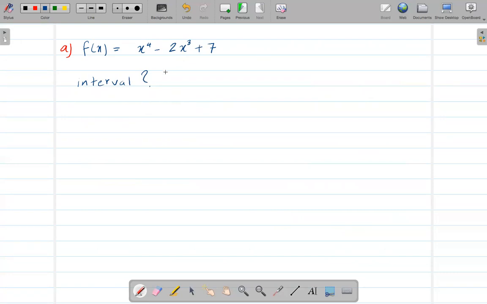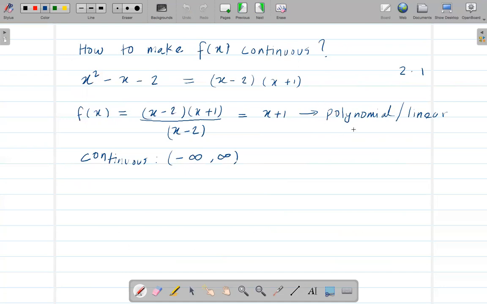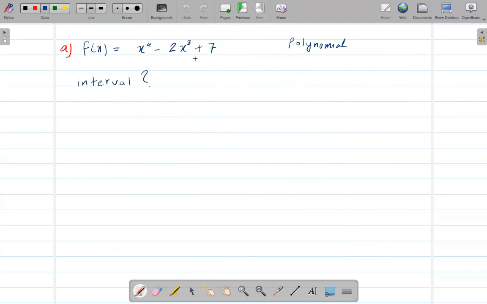Okay, so one thing: whenever a function is a polynomial, then we can directly say, like I said in the first example I did, where I had a linear function, which is also a polynomial, that it is continuous everywhere. It's the same thing here. Even though this is not a linear function, it is still a polynomial function.